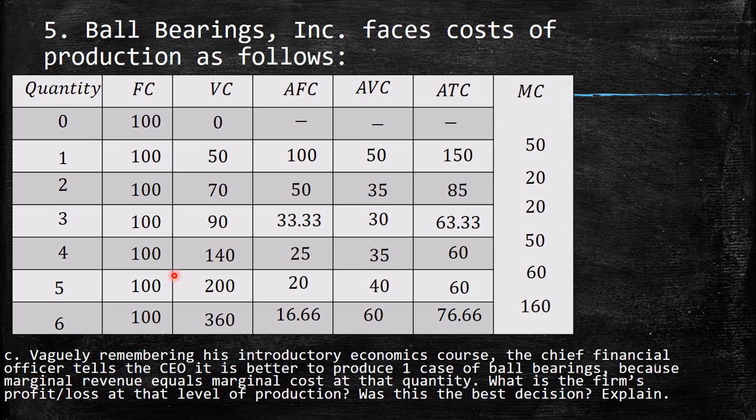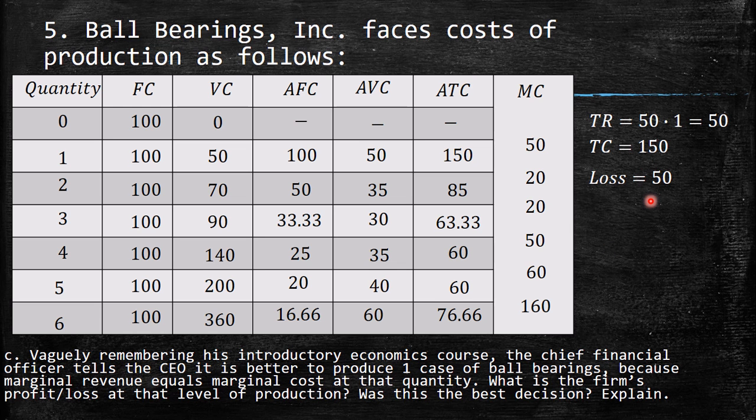What is the best decision? Explain. So at the first unit, your total revenue is going to be 50, right? But your total cost is going to be 150. Then at that time, if you sell this one at $50, your loss is going to be 100.